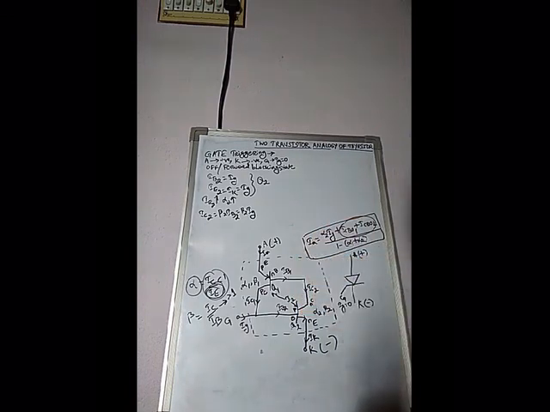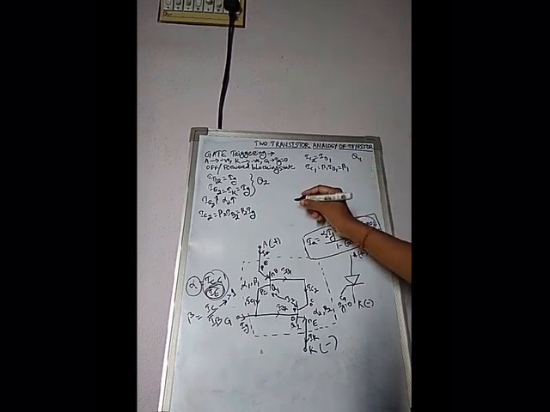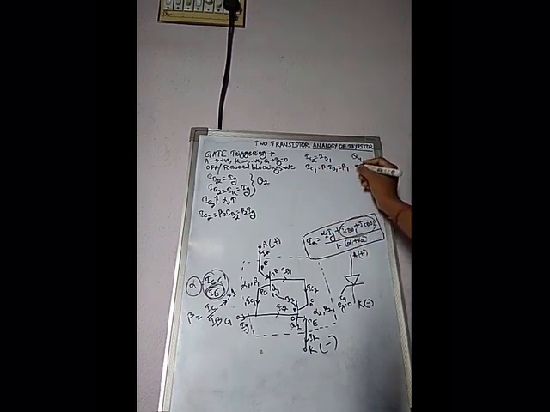So for Q1, IC2 is equal to IB1. Then IC1 is equal to beta 1 IB1. IB1 means IC2, which is beta 2 Ig. So IC1 is beta 1 beta 2 Ig.